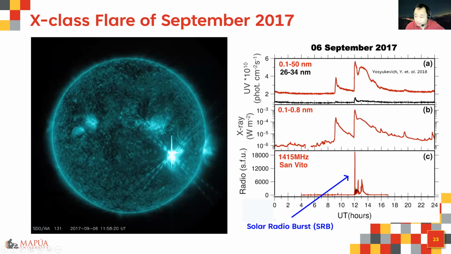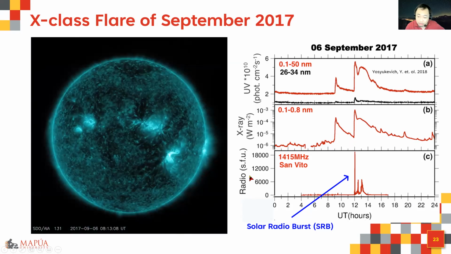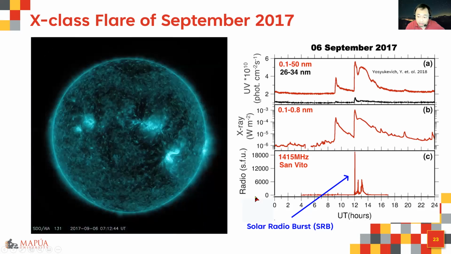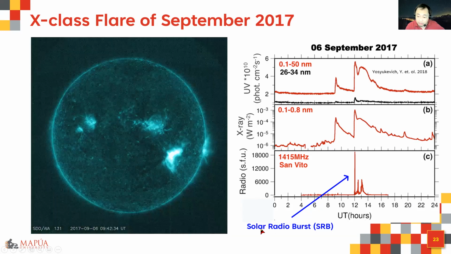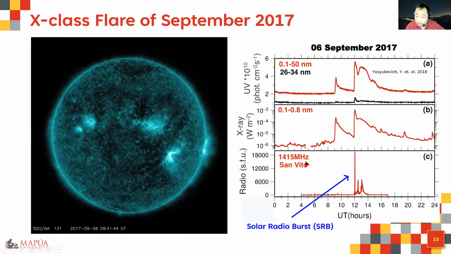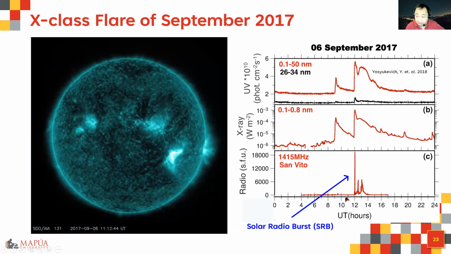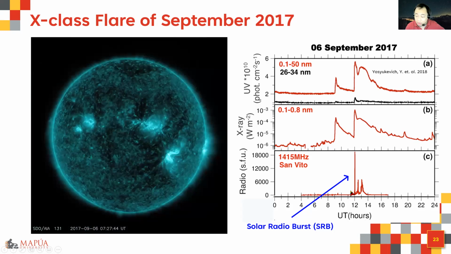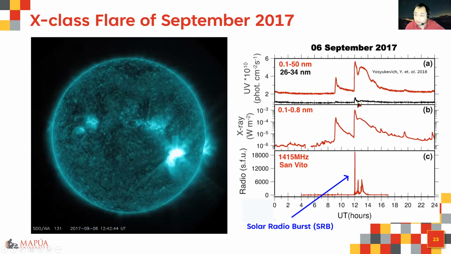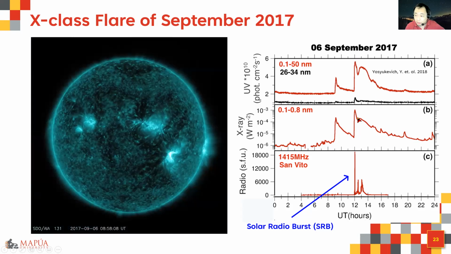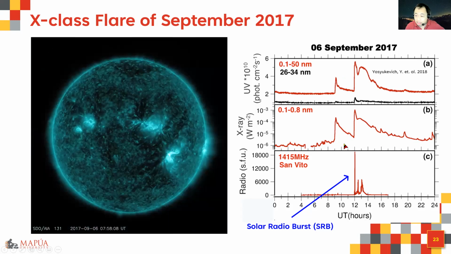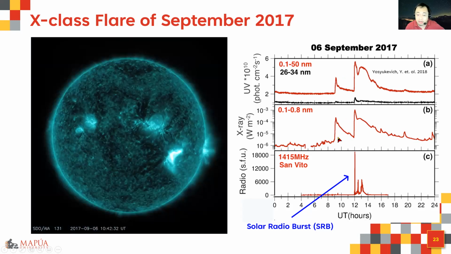You notice that this graph is the radio flux in solar flux units. A solar radio burst at this wavelength, 1.415 megahertz, was detected during this X9.3 flare, not in the previous X class flare.